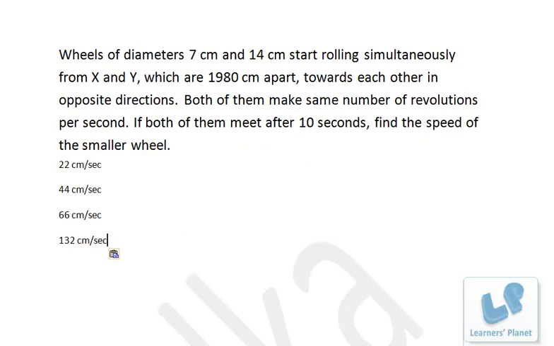Now this question, a good one. Wheels of diameter 7 cm and 14 cm start rolling simultaneously from X and Y, which are 1980 cm apart, towards each other in opposite directions. Both of them make the same number of revolutions per second.